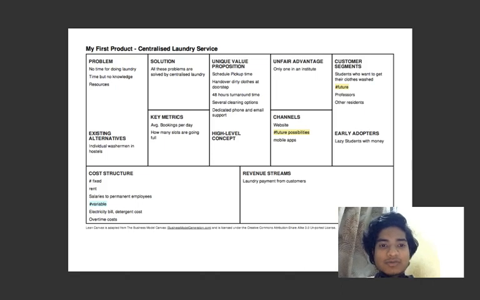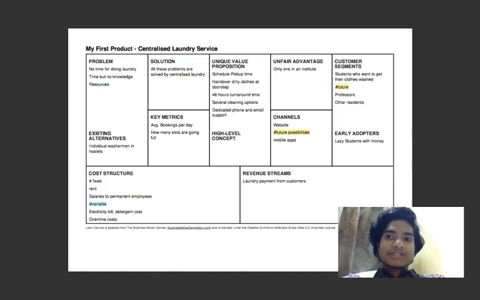Secondly, we look at the problem. What problem are we trying to solve? The three problems that I've identified are that students don't have the time for doing laundry. Secondly, students may have time, but they may not have knowledge how to wash.